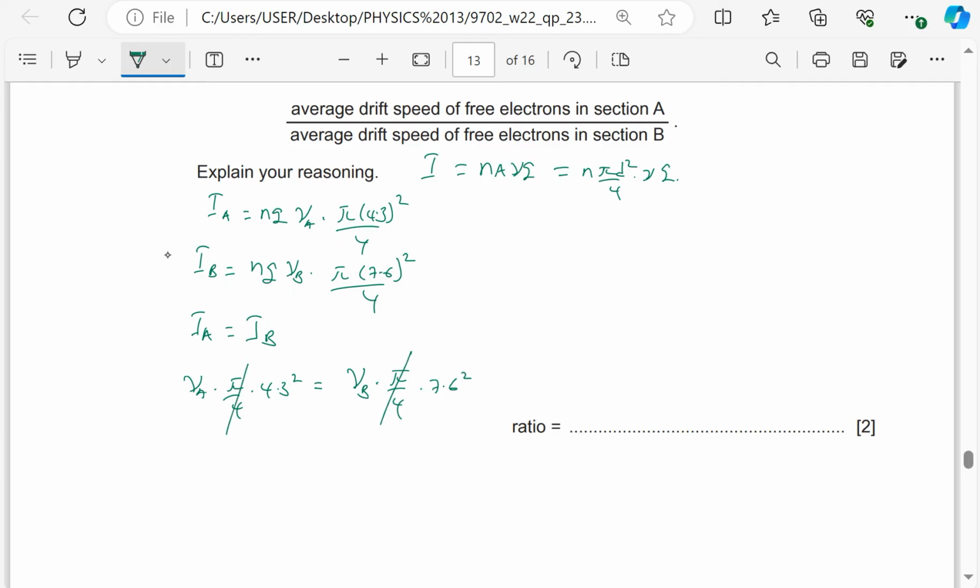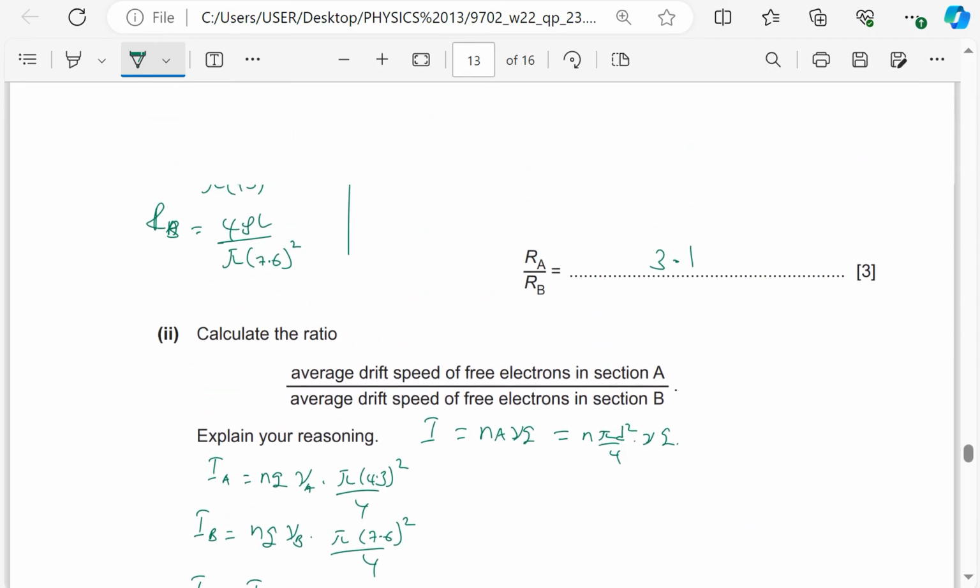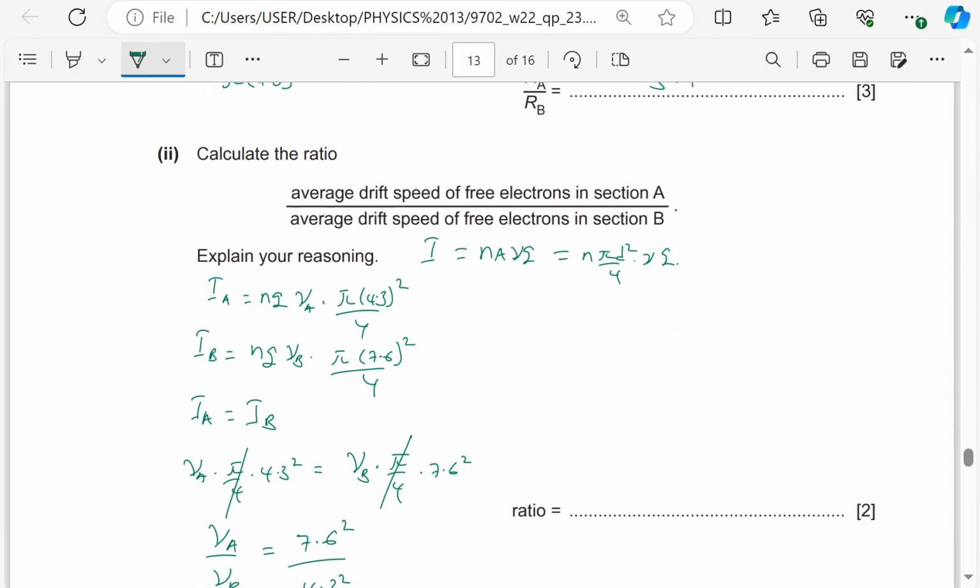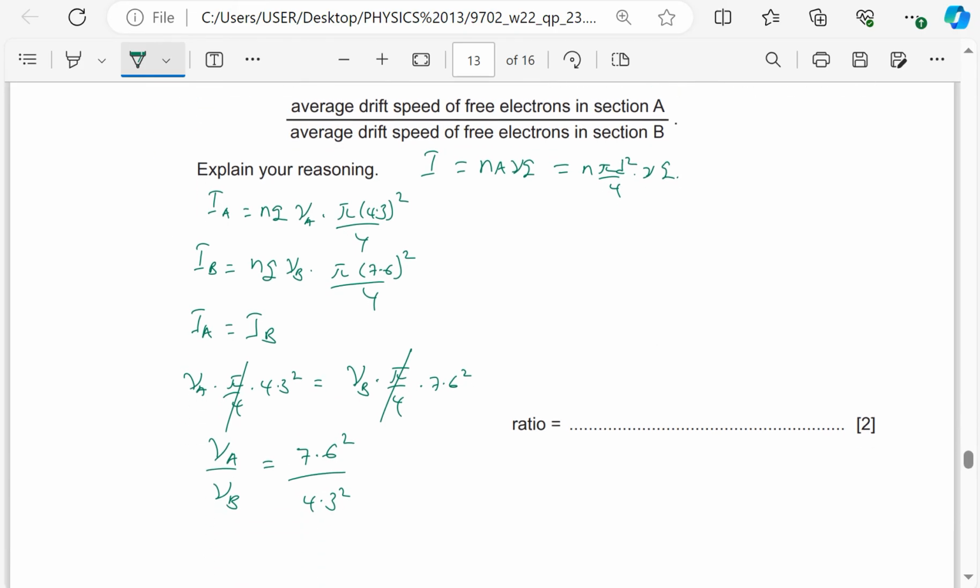So pi over 4 has cancelled out. So VA divided by VB is equal to 7.6 squared divided by 4.3 squared. So we are getting the same answer as above, which is 3.1. So the answer here is going to be 3.1.